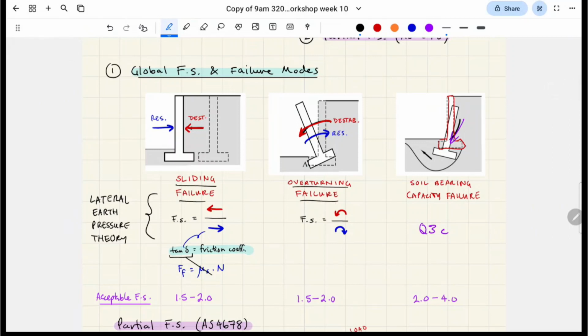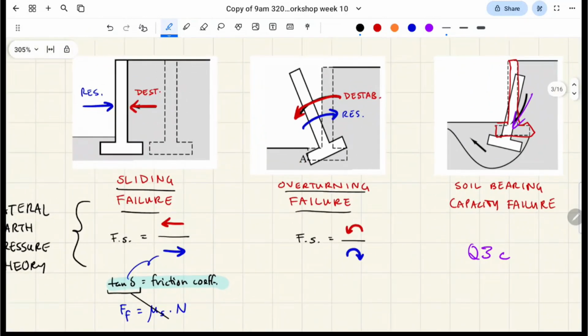So the idea is that for overturning failure, this is a cantilever wall, and this portion of the cantilever wall here is called the toe. This over here is called the heel. Don't ask me why, this is what it's called. But the idea is that at this corner of the toe, that's where we assume it's going to rotate from.